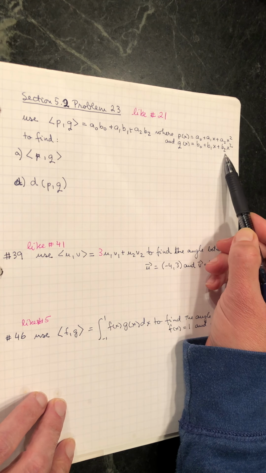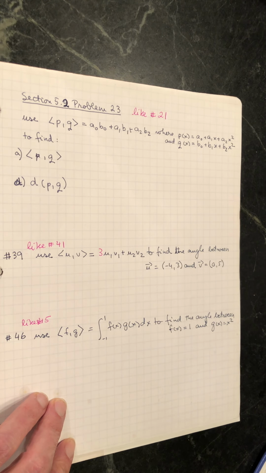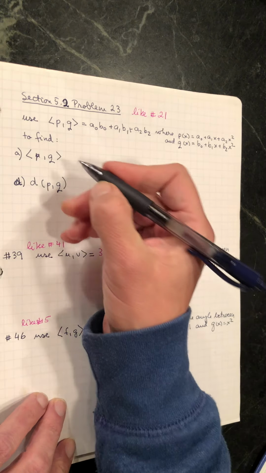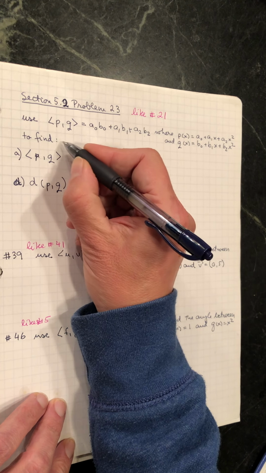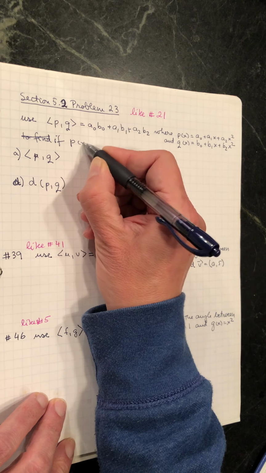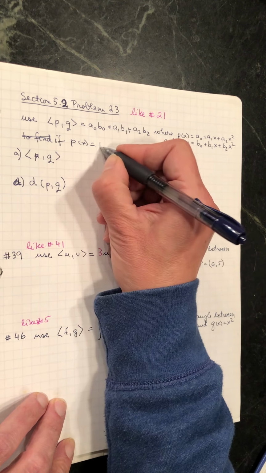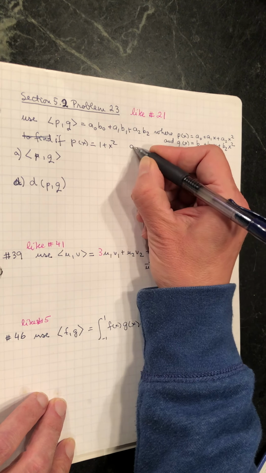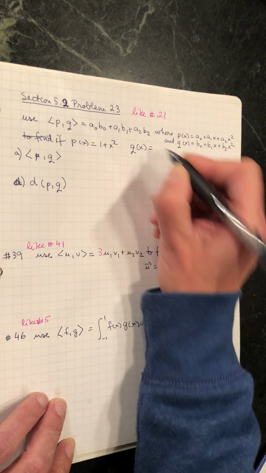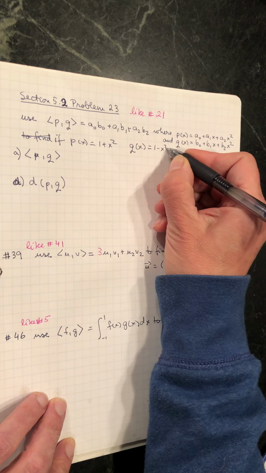So for example, for part A of problem number 23, we are given p of x is 1 plus x squared and q of x is 1 minus x squared.